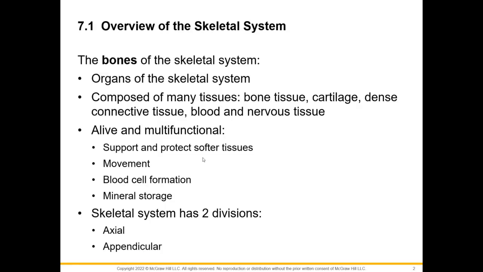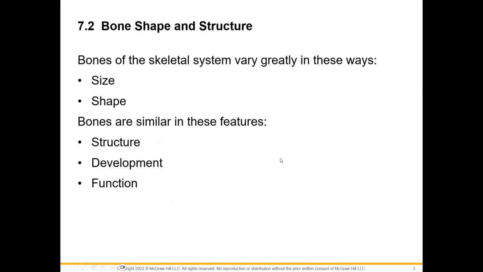Skeletal system is also important for blood cell formation. I think this is one really important fact that many people forget. And then minerals. We divide the skeletal system into two divisions, the axial and the appendicular. We'll come back to that, but basically the axial is down the middle and appendicular is everything connected to that.